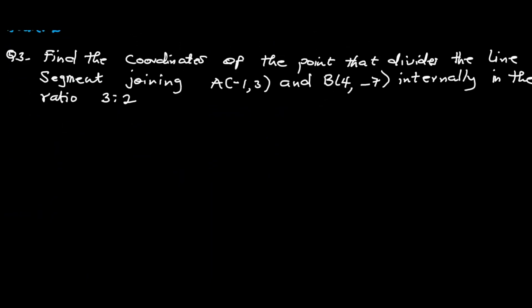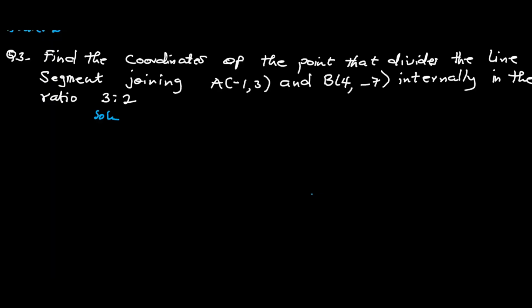So in number 3, we are also saying: find the coordinates of the point that divides the line segment joining A (-1, 3) and B (4, -7) internally in the ratio 3:2. Now to be able to evaluate this particular question, you have to know the formula for finding the coordinates when the line is divided internally.